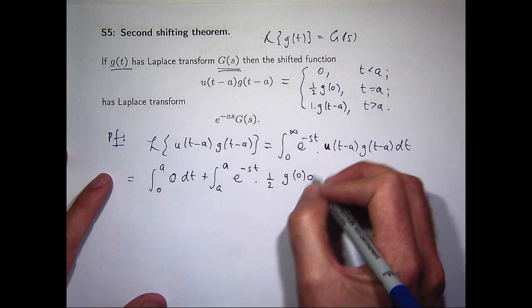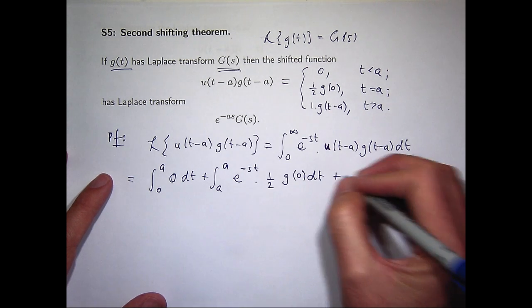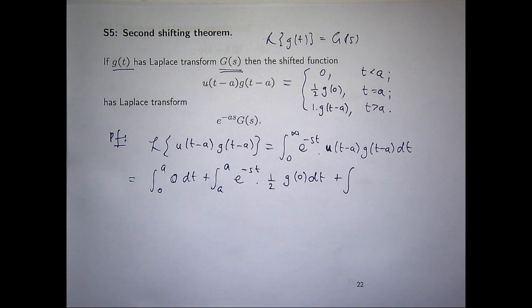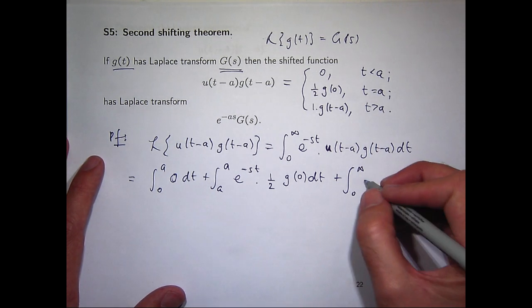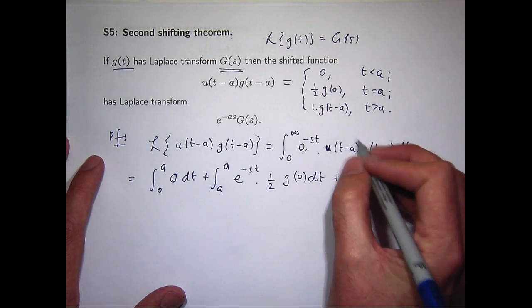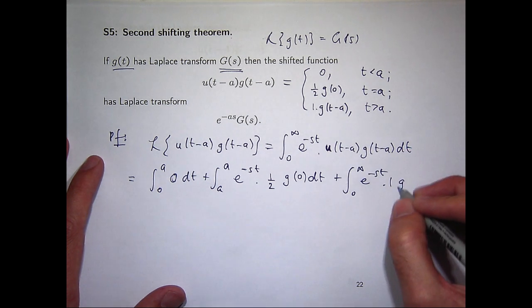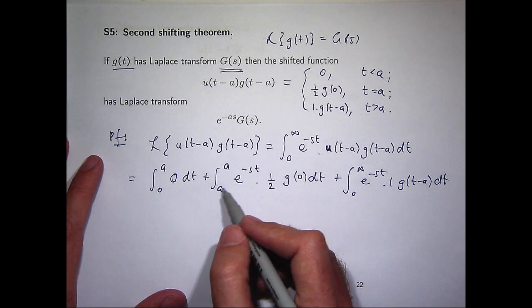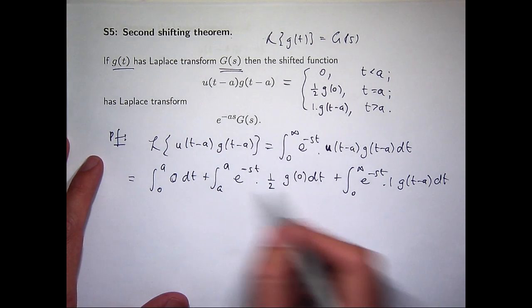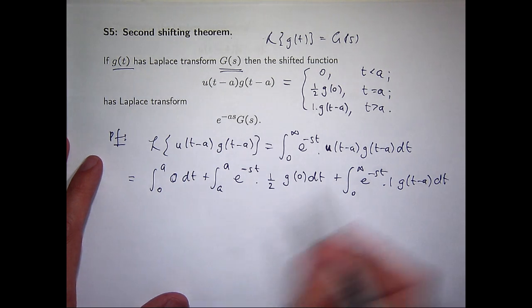That'll be 0, will it? And then let's just worry about t, say, greater than a. Well, this now becomes 1. Okay? So if I integrate over a point, that's definitely 0. So I end up with this.